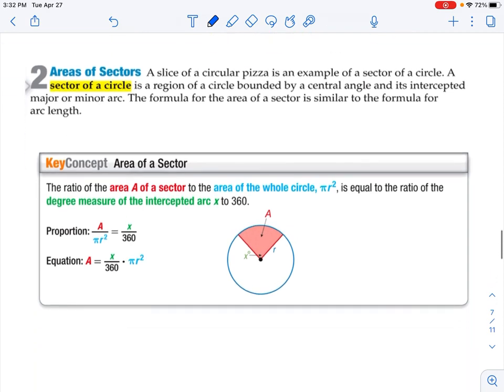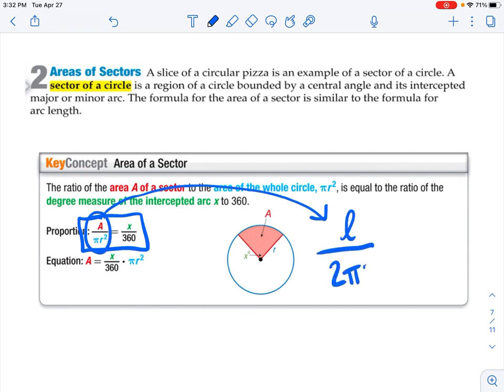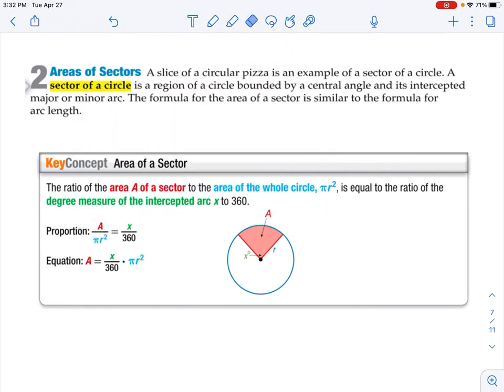If you look down here, you'll notice our proportion and our equations are set up. Instead of arc length over our circumference, we now have area of the sector over the area of the whole circle. So it is very similar to our previous proportion that we used to solve for arc length.